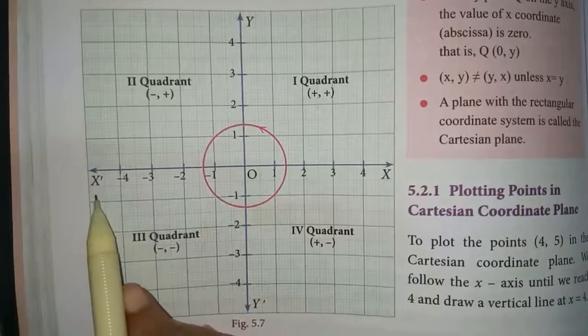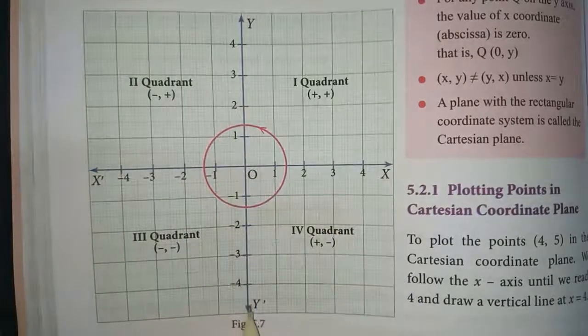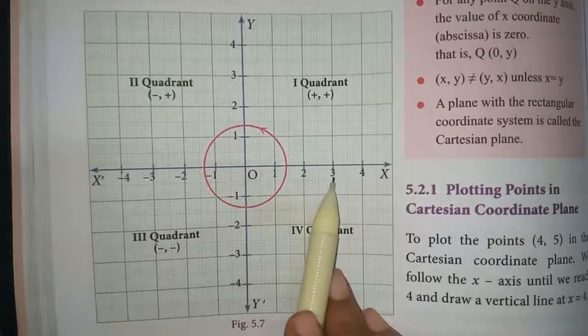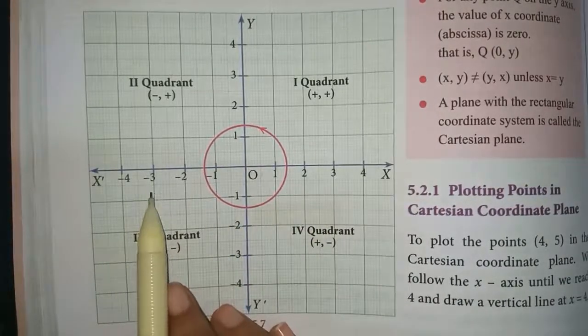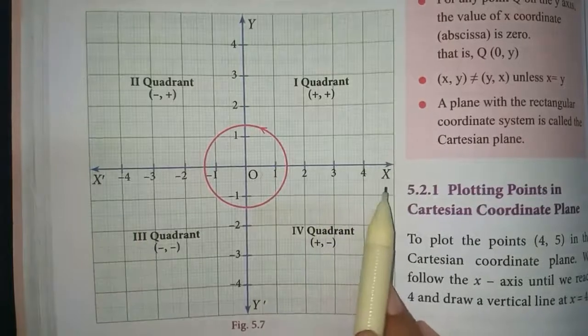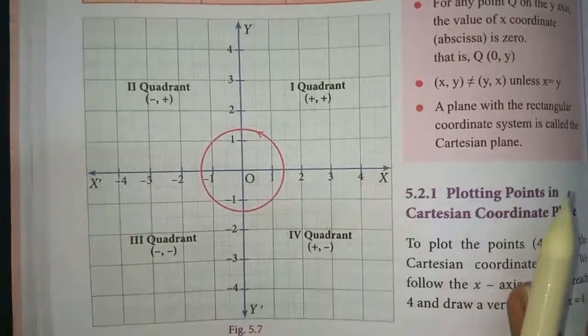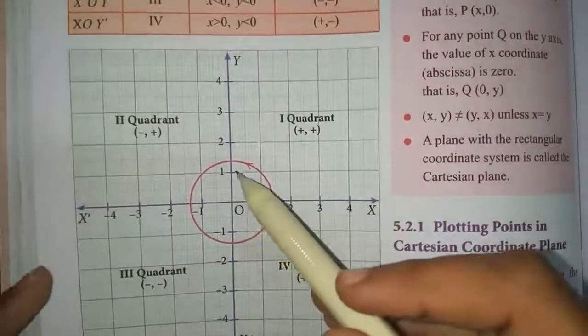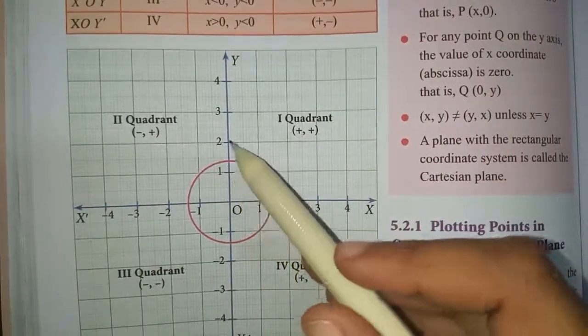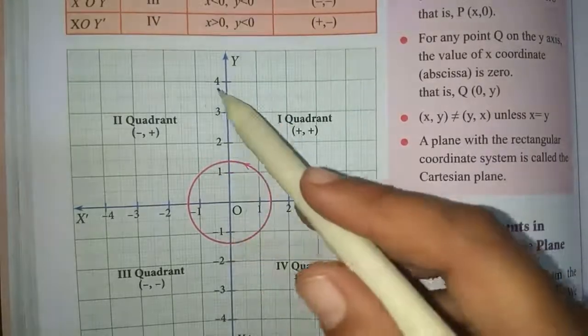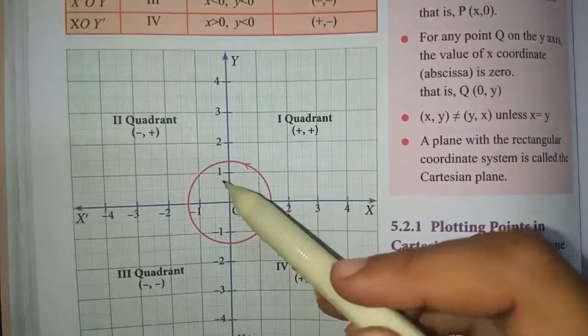So this is x dash. And this is y axis and it is x axis. So in x axis you have both positive and negative integers. So positive integers represents x and negative integers represent x dash. So similarly for the y axis you can mark 1, 2, 3, 4 etc. It is y axis. So these are all positive integers.